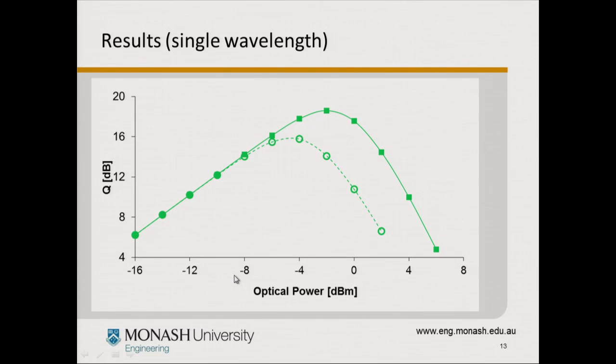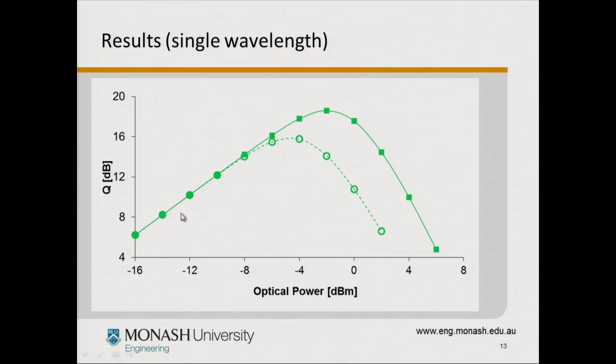So you can see here, if we look at optical power on the x-axis and received quality on the y-axis, at low powers the signal is predominantly limited by noise, or amplified spontaneous emission.